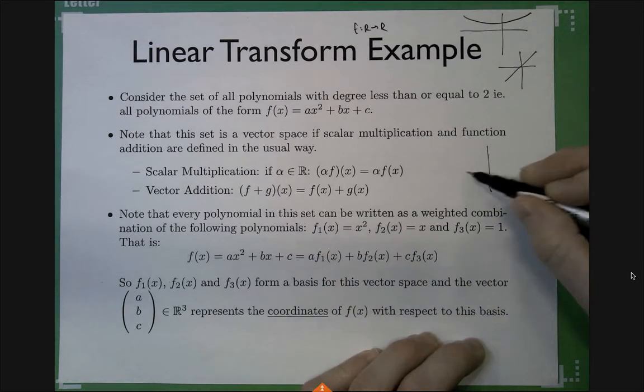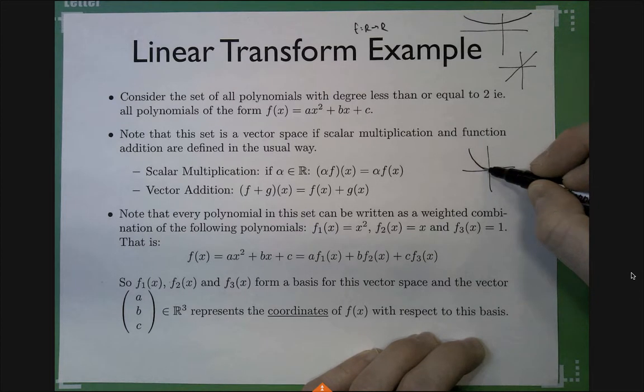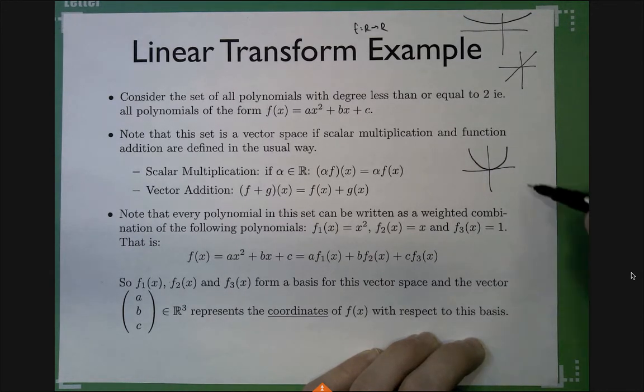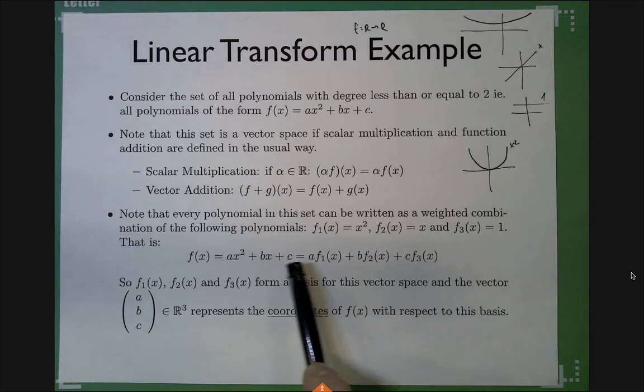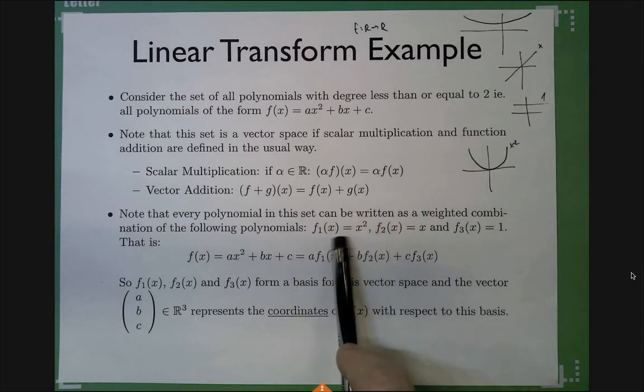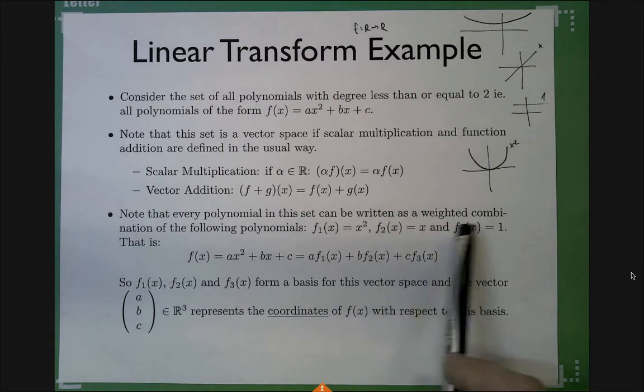It's really nothing but your favorite parabola. x would be the identity. So this is x squared, this is x, and certainly you know also how 1 looks like. That's 1. And every polynomial I can write as a linear combination of these 3 basis polynomials.